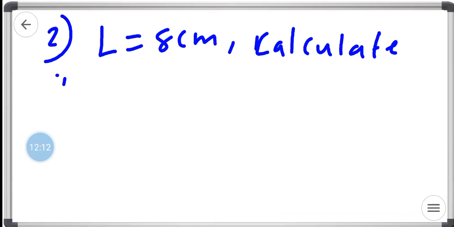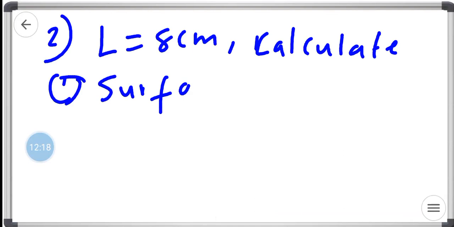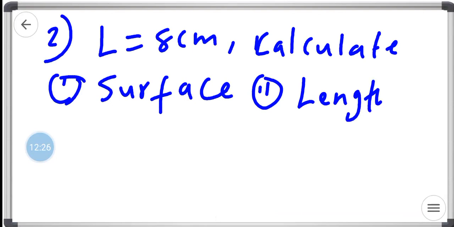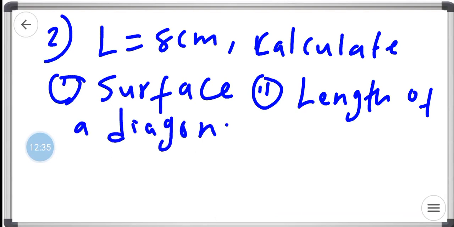Calculate: question 1, surface area. Question 2, the length of a diagonal.